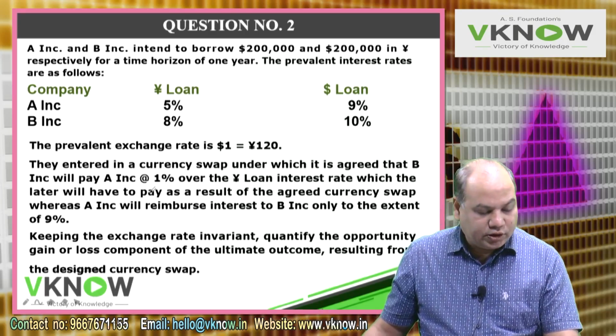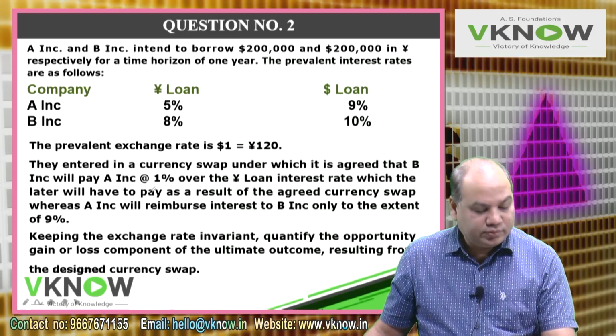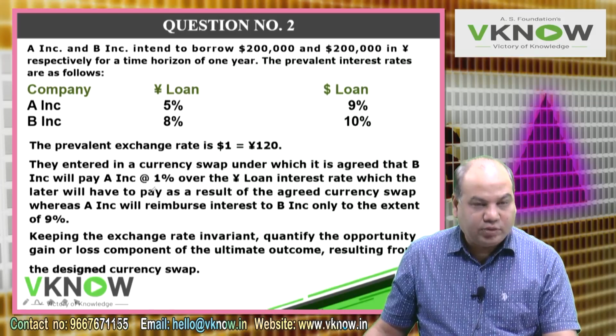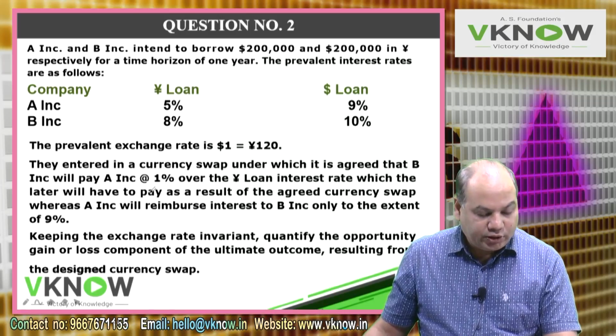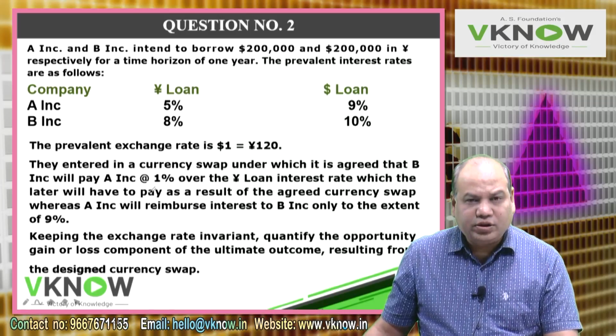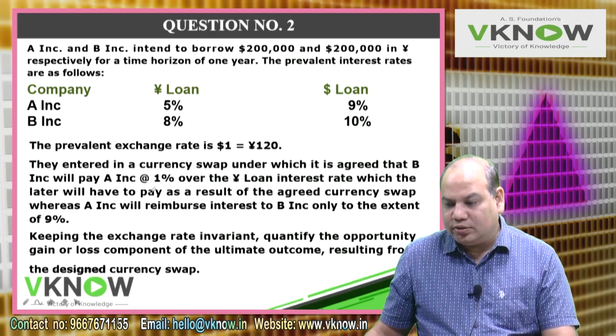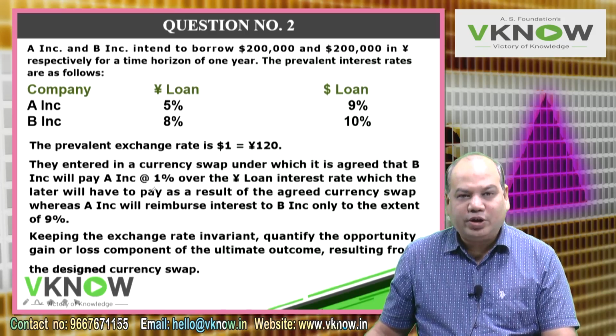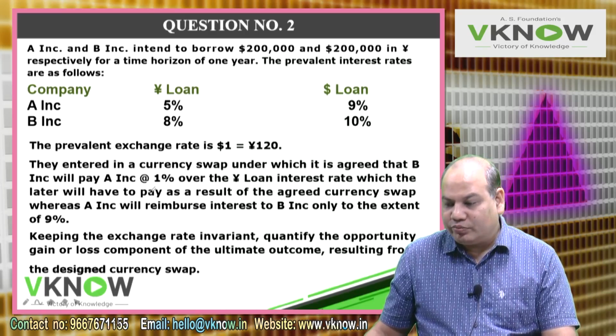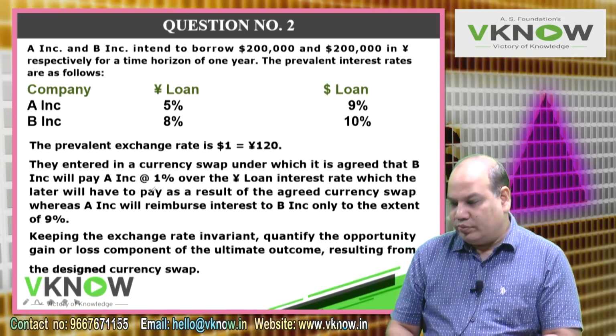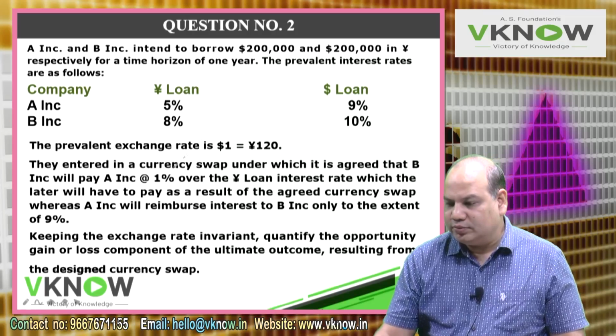This question was asked in the exam May 2011, 8 marks, RTP, May 2020. And this is another very easy question. A Inc. means incorporated, and B Inc. intends to borrow $2 lakh.